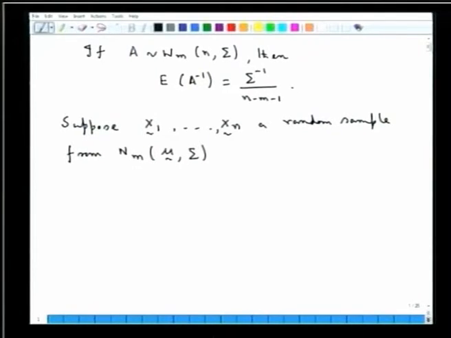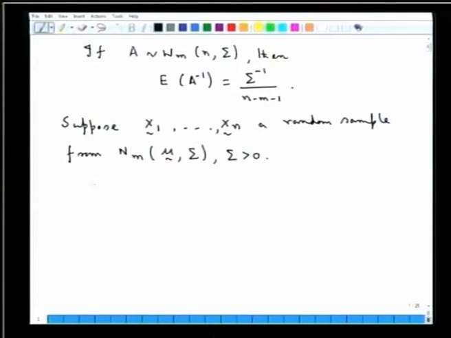As one can feel, it is going to be based on the result that we had derived. Now, what do we know when we have a random sample x1, x2, xn from a multivariate normal distribution, multivariate normal m mu sigma, where sigma is a positive definite matrix?